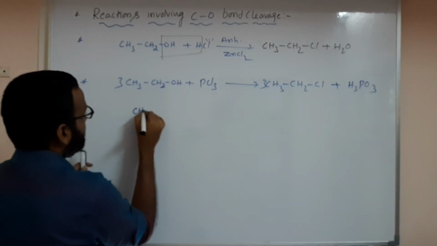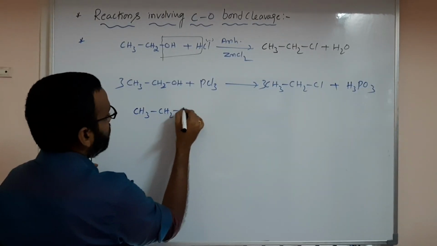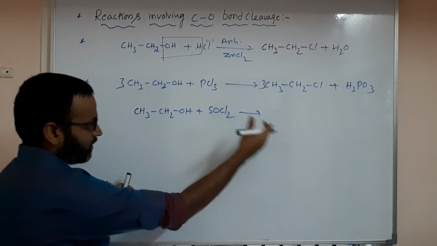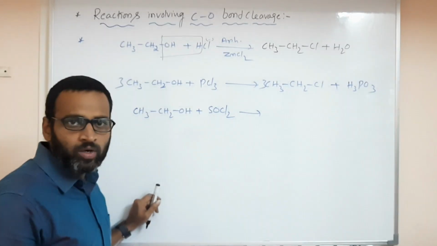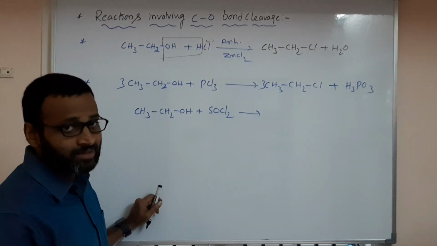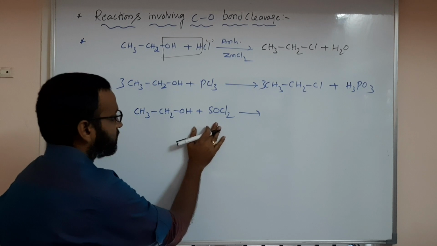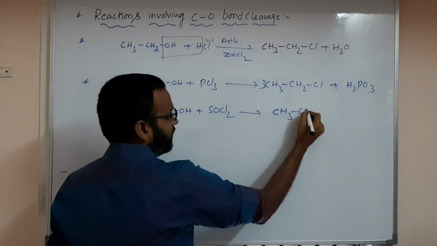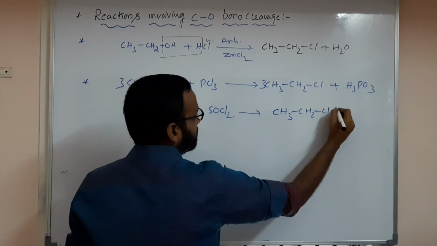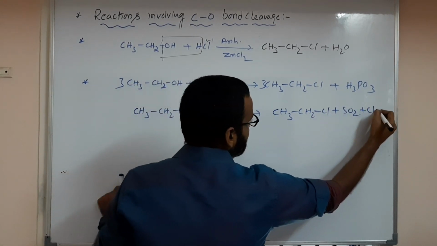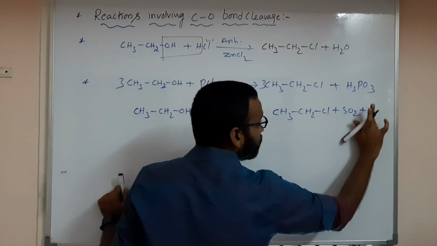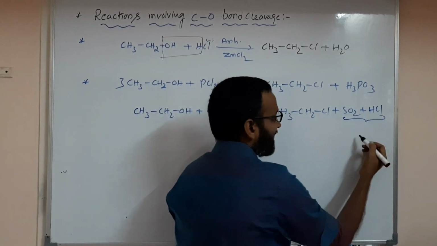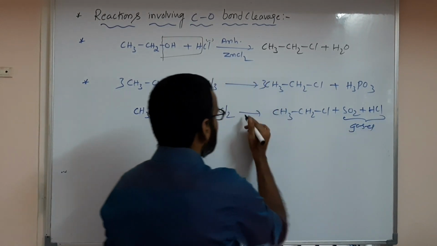And CH3CH2OH reacts with SOCl2. This is the best process because the byproducts are gases. SOCl2 is added to the alcohol, and you get CH3CH2Cl plus SO2 plus HCl. The formed byproducts are gases. That's why this is the best process.